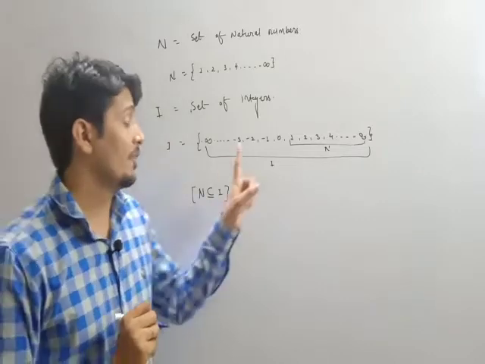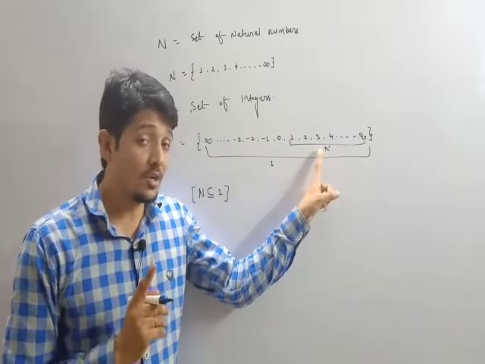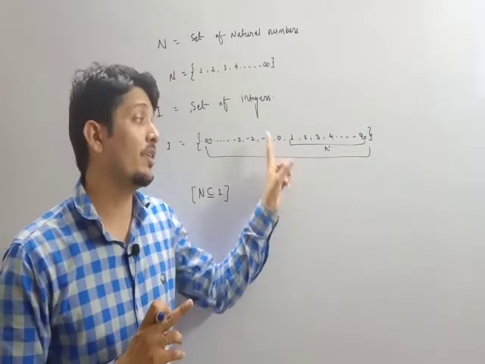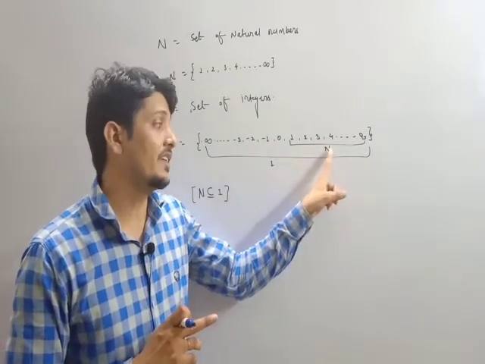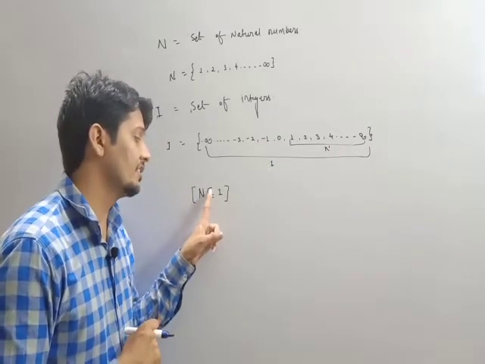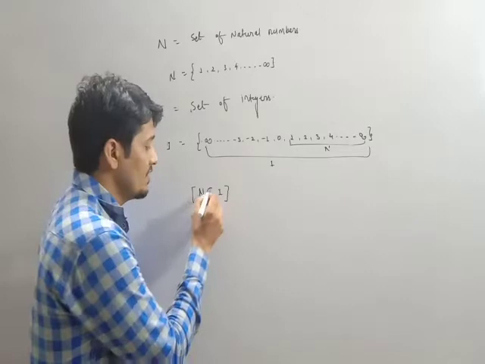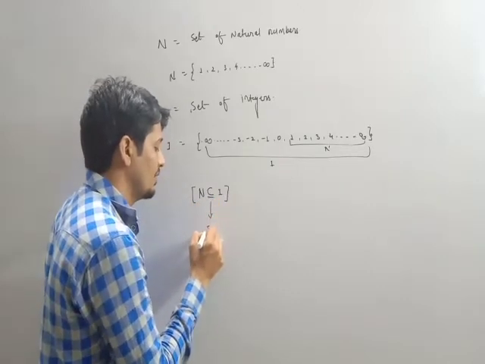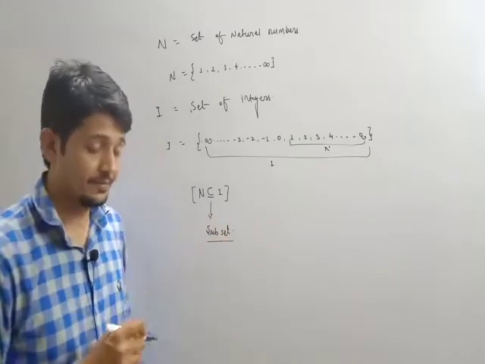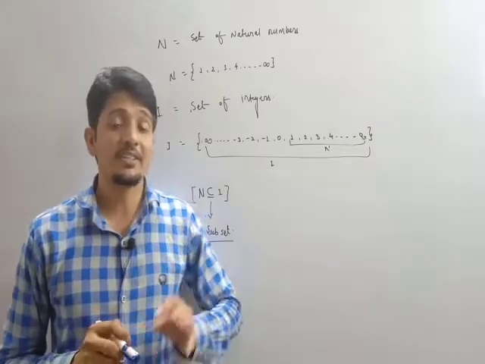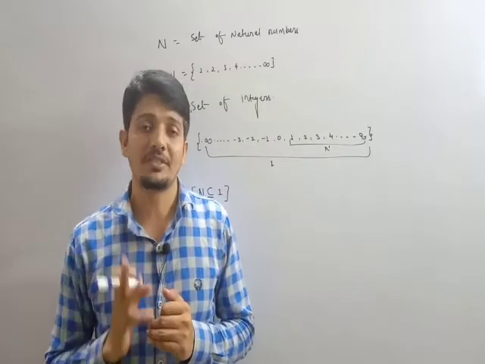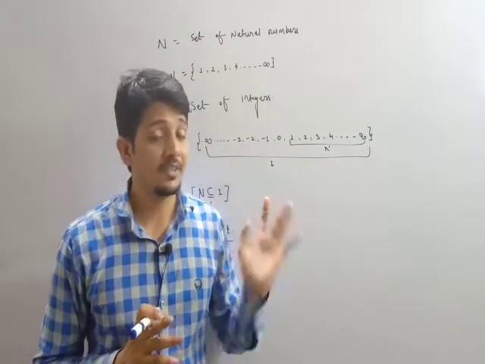Because all the members of natural numbers are present in integers. Here natural numbers are a subset of integers. This is the representation of subset. Okay. So likewise we can write infinite examples around us of subset.